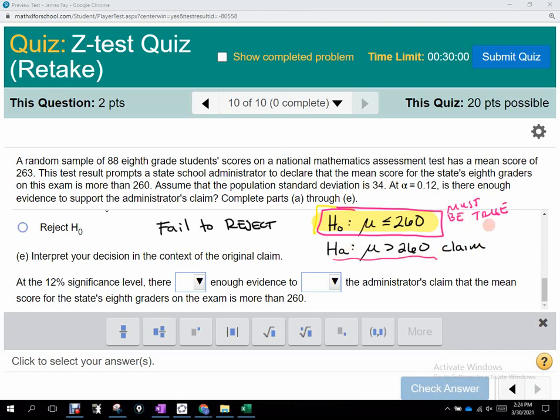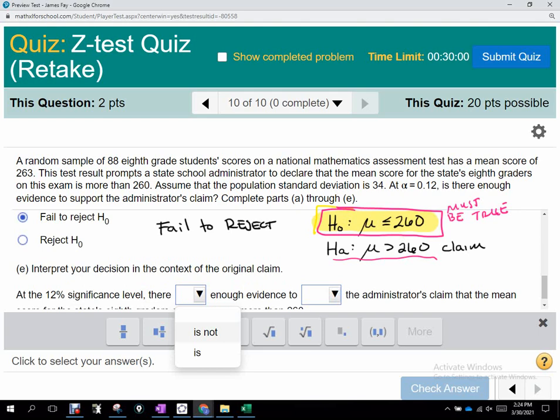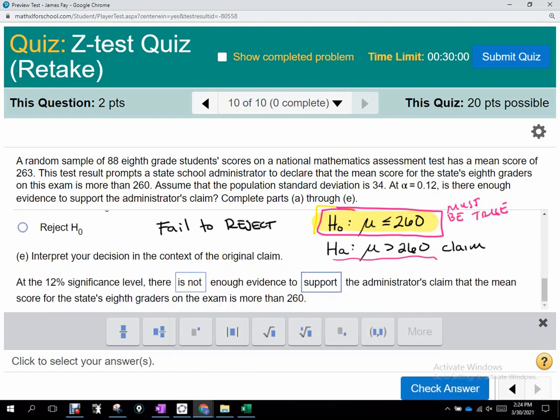If we failed to reject this, then we're saying that this is accepted, so we do not have evidence to support this. Does that make sense to everybody? So we would choose that there is not enough evidence to support the administrator's claim that the mean score for the state's 8th grade on the exam is more than 260.